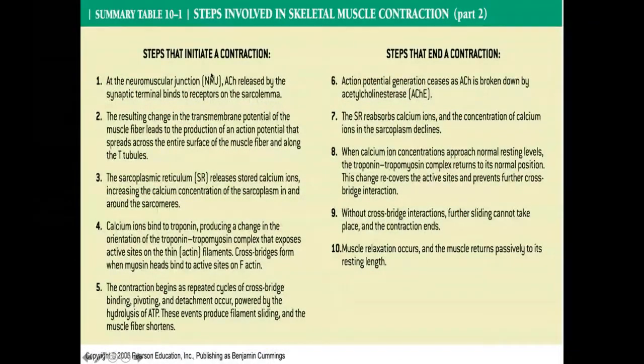Now, in order to do that, just understand the steps that initiate the contraction. The key steps at the neuromuscular junction: we talked about acetylcholine being released. We talked about the change in the action potential going down the transverse tubule. The action potential connects to the sarcoplasmic reticulum that stores the calcium.